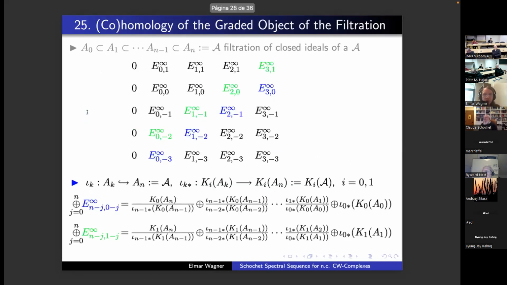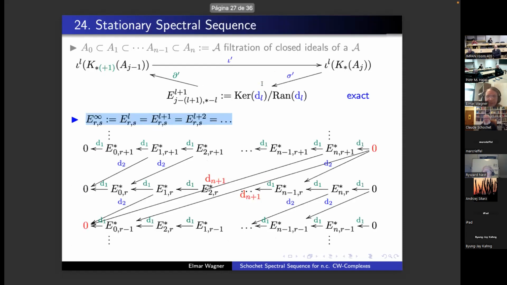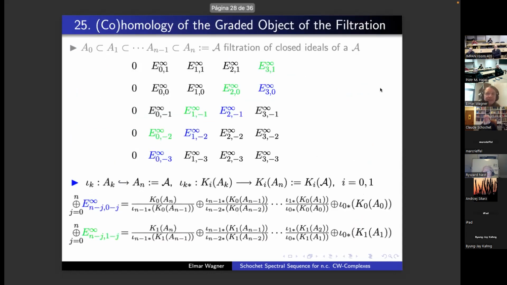And the question is, what does it tell us? The infinity page: the K0 is hidden if we look at the diagonals, and K1 likewise. It does not give the K-theory of our algebra. It gives the K-theory of the associated graded object.